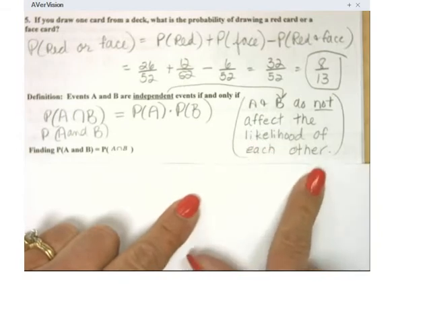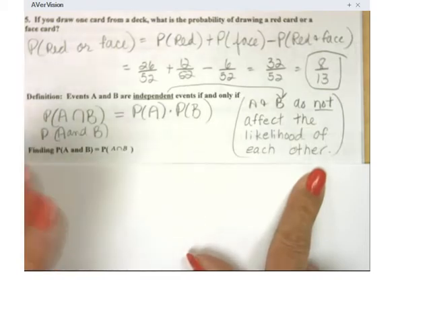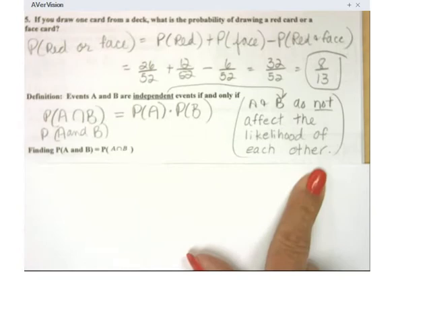So if I knew A happened, B would happen equally likely whether A did or not. And the same thing goes the opposite way. B is not impacted by what happened with A, nor is A impacted by what would happen with B.